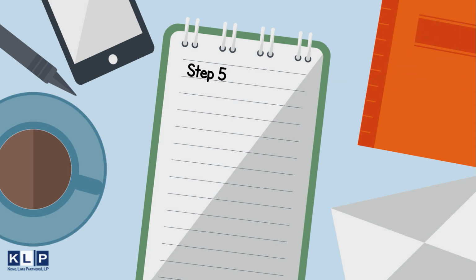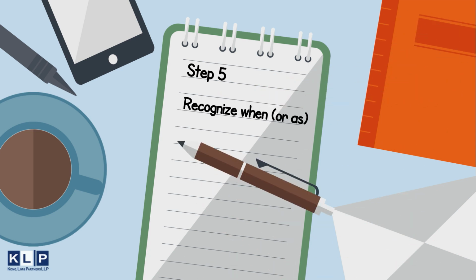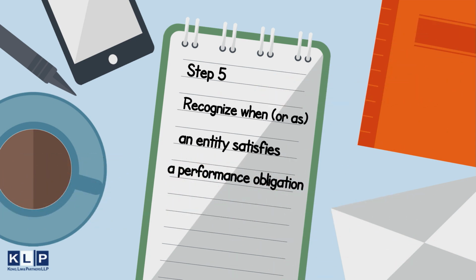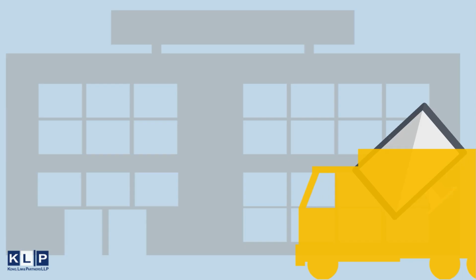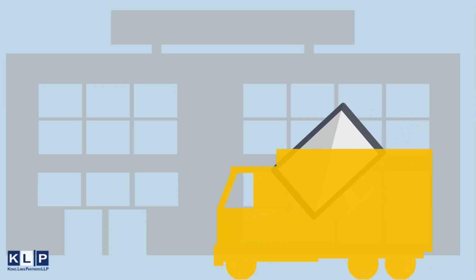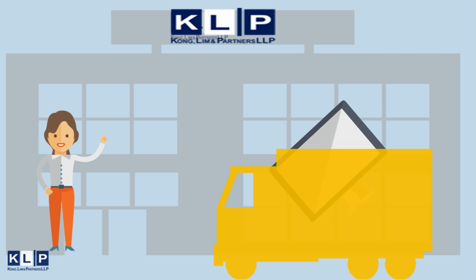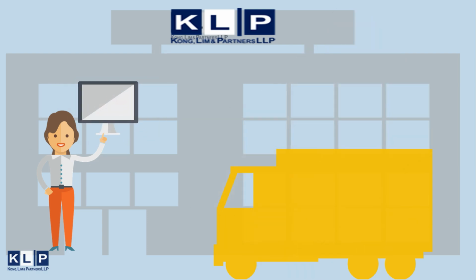The last step of the 5-step revenue recognition model is to recognize revenue when or as an entity satisfies a performance obligation. First, we have to look at when a performance obligation is satisfied. This happens when a promised good or service is transferred to the customer. In other words, when the control over the goods or service is transferred.